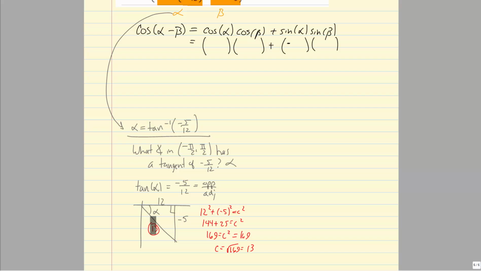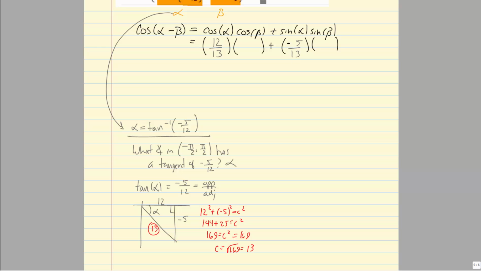Okay, so that one I should be able to find the cosine and sine of now. So let's go ahead and pop that back up here. The cosine of alpha would be adjacent over hypotenuse, so that would be 12 over 13. And the sine of alpha would be the opposite from alpha, which would be a negative 5 over 13.